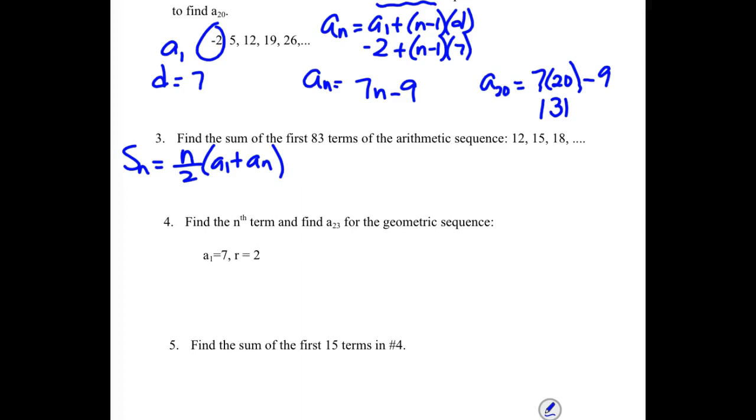They said add up the first 83 terms. So we're going to put an 83 in for n. What else do we know? Okay, we know our first term is 12, so we can dump that in for our first term. What's the one thing we don't know? Our last term, which in this case would be the 83rd term. Okay, so before we can actually calculate this, we have to figure out a sub 83.